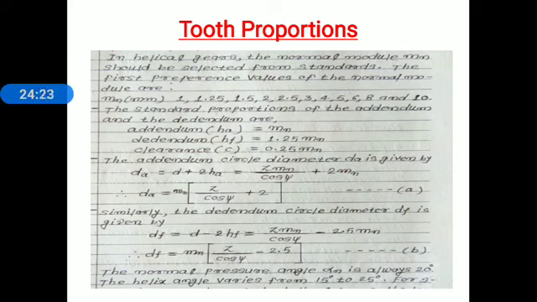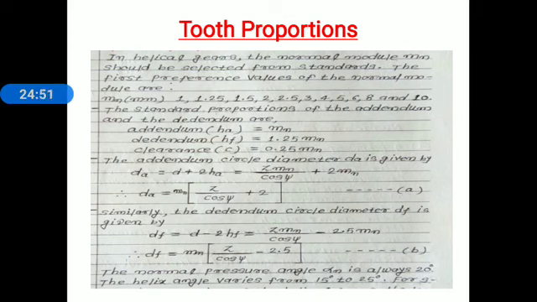The first preference values of normal module given in the design data book are 1, 1.25, 1.5, 2, 2.5, 3, 4, 5, 6, 8 and 10. These are the first preference values for the normal module in case of a helical gear, and they are available in the design data book. When we refer to the design data book, we get all these values for the normal module.